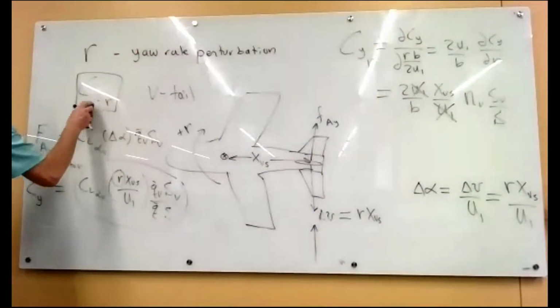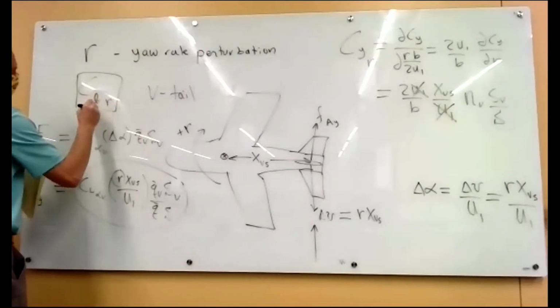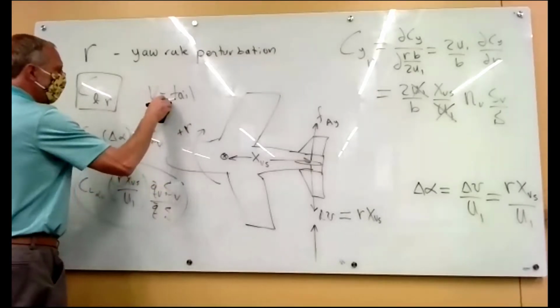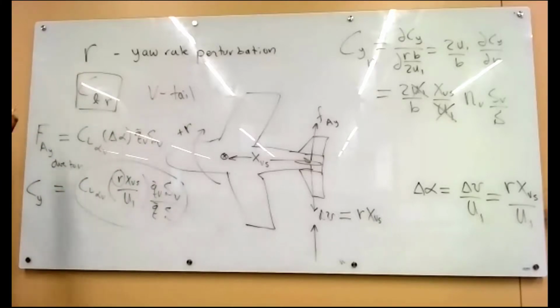So how about the rolling moment due to yaw rate? Well, with the foam airplane, we saw that there's a vertical tail effect. So write this down, CLR, we're going to look at a vertical tail effect, and then we're going to look at a wing effect.